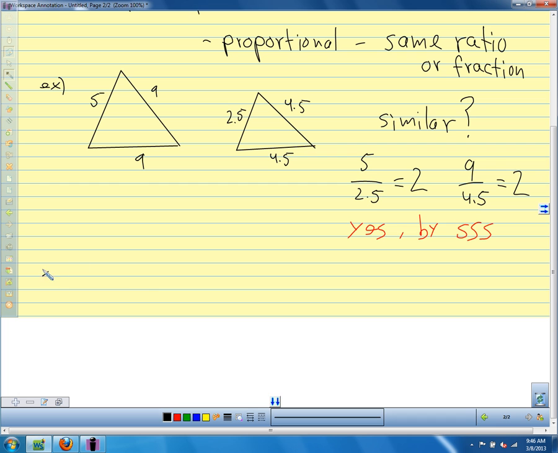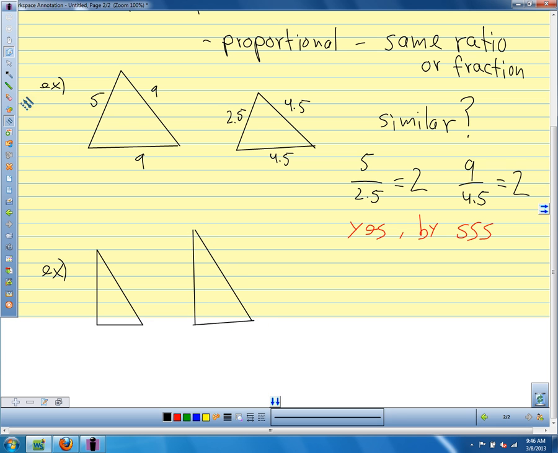So let's look at another example. Same question, are they similar? So here are my triangles. All right, so we need to check.